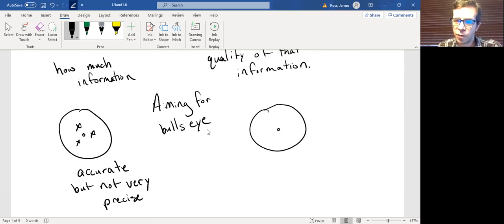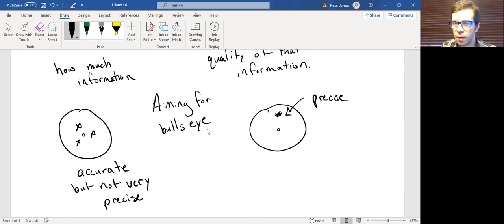Now let's say over on our other dartboard, they all hit in the triple 20. But remember, we were aiming for the bullseye. So it's very precise, right?